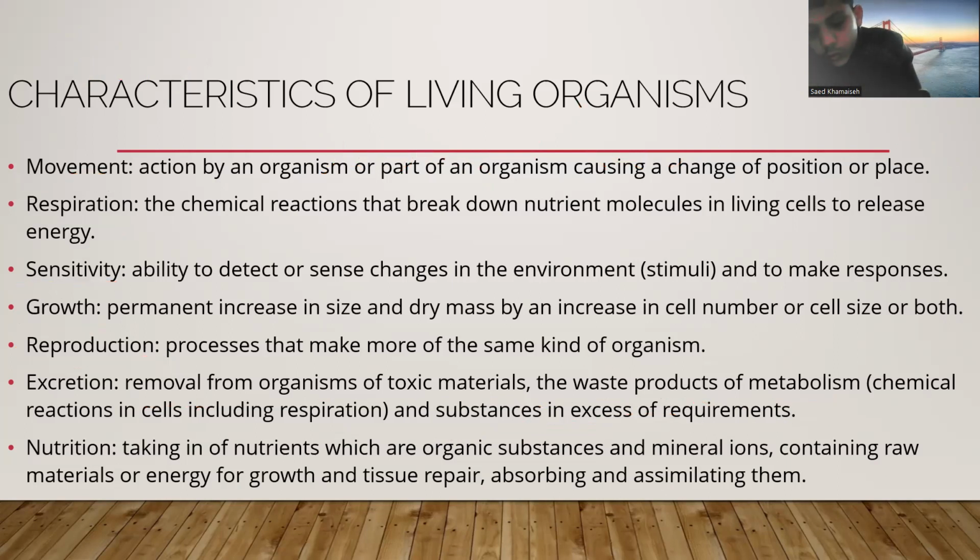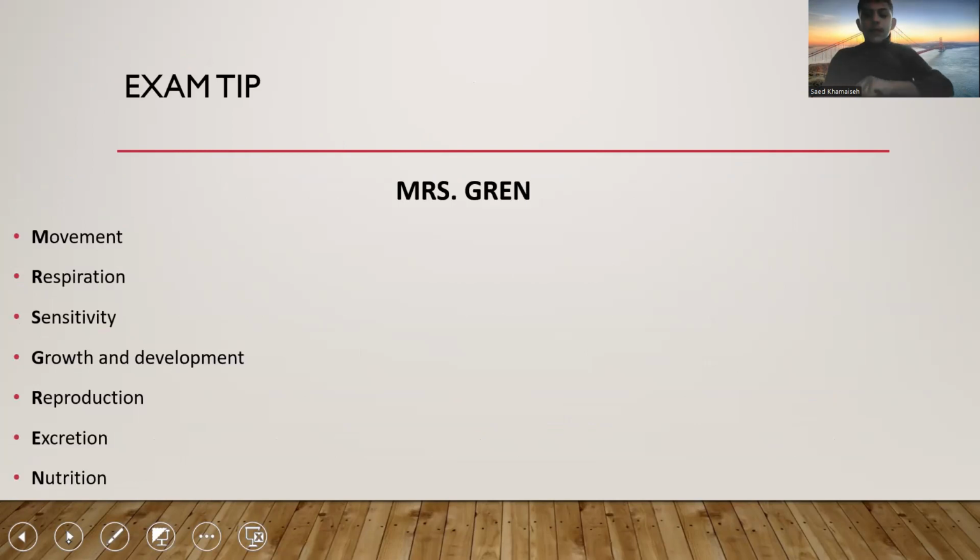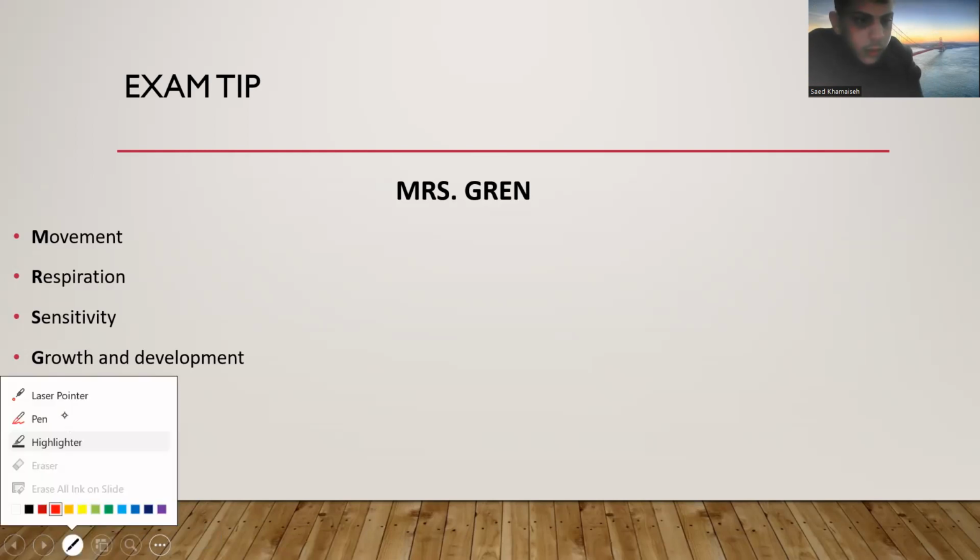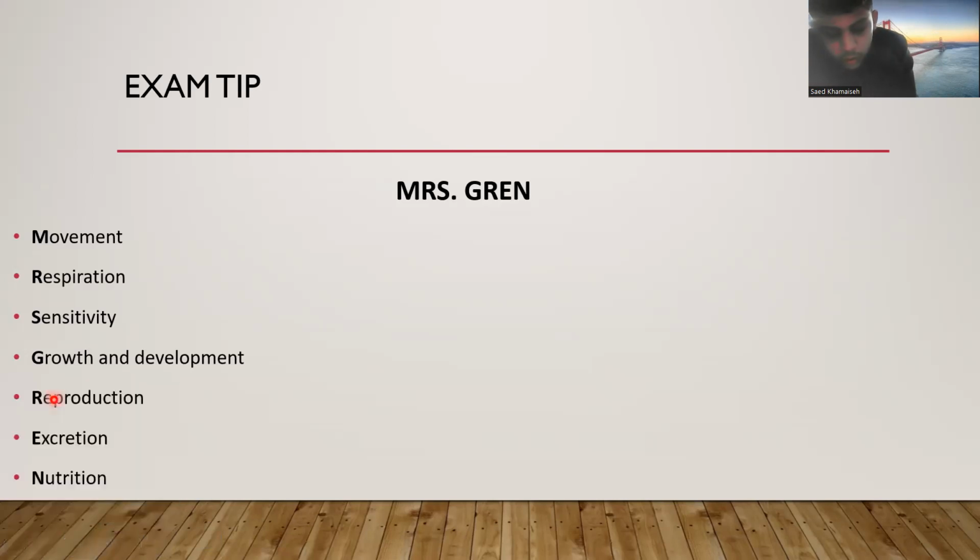Now let's move to the next part of this lesson. MRS GREN, as I said to you, is a short form for the seven characteristics that are shared by all living organisms. Do you see movement?